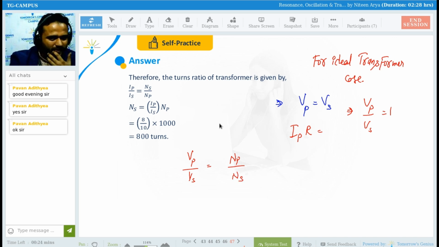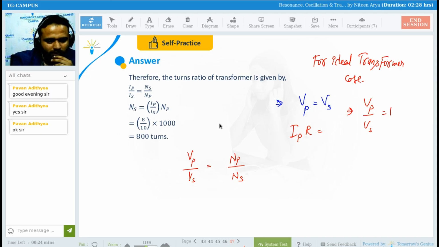Okay, and then IP. So IP upon IS, which is 8 by 10.